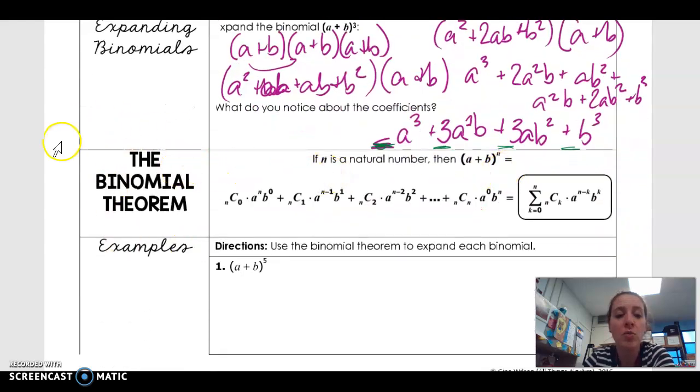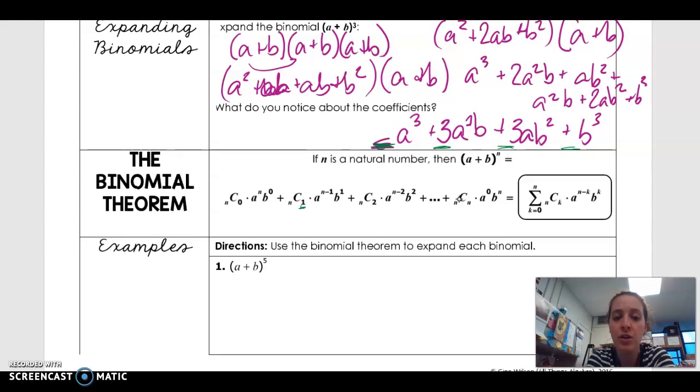So here's the binomial theorem, and this is something we're just going to walk through several examples together. So if n is a natural number, so then I've got a plus b to the n, then here's what I'm looking at. So I take the combination, and we've looked at combinations in the past, of n things, that's my total things, which was my exponent, taken 0 at a time, times my a to the n, b to the 0, plus, and then I start increasing my number every time.